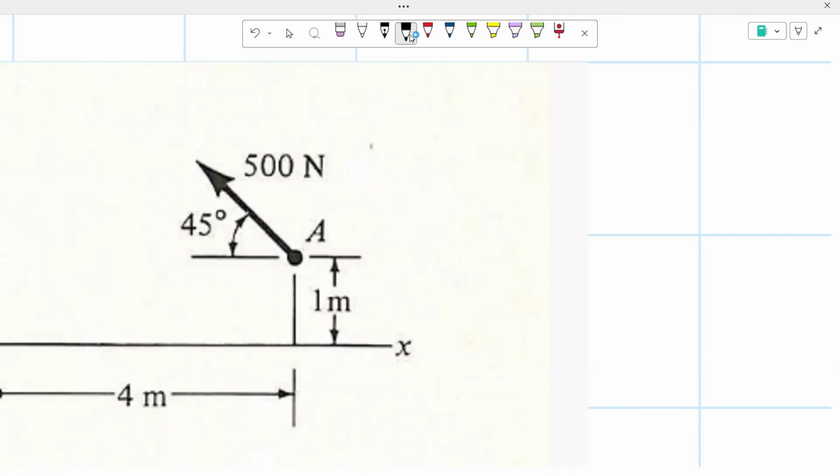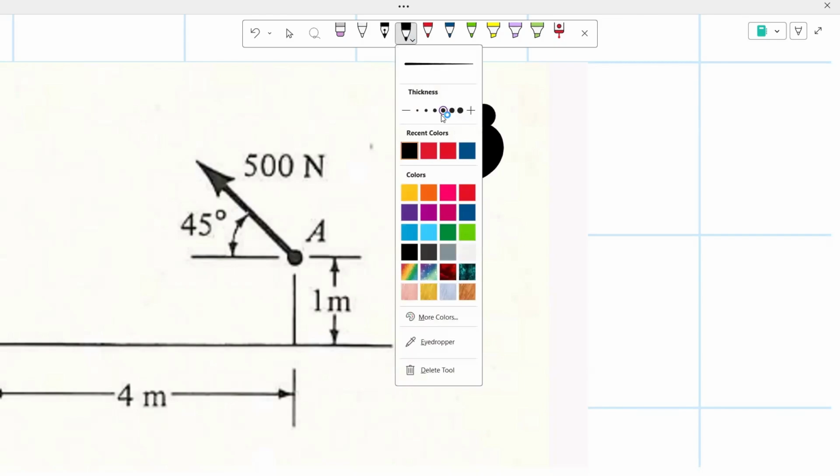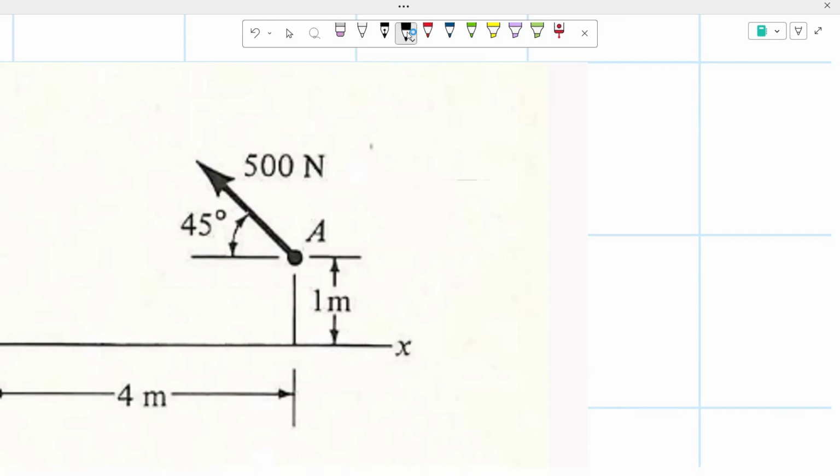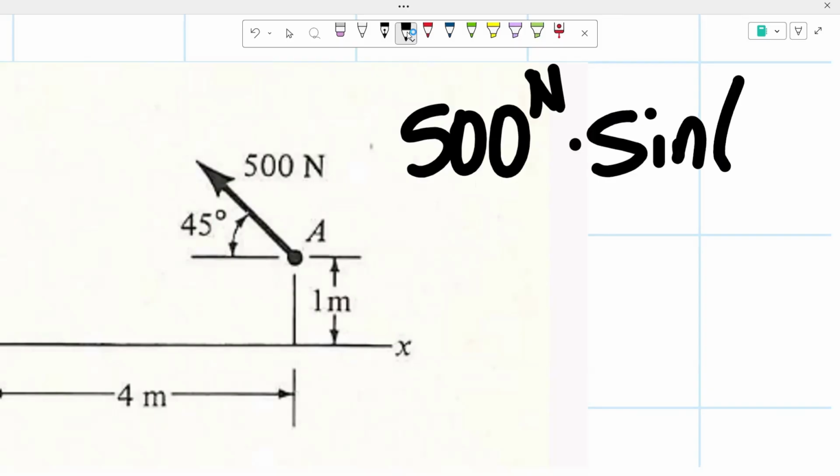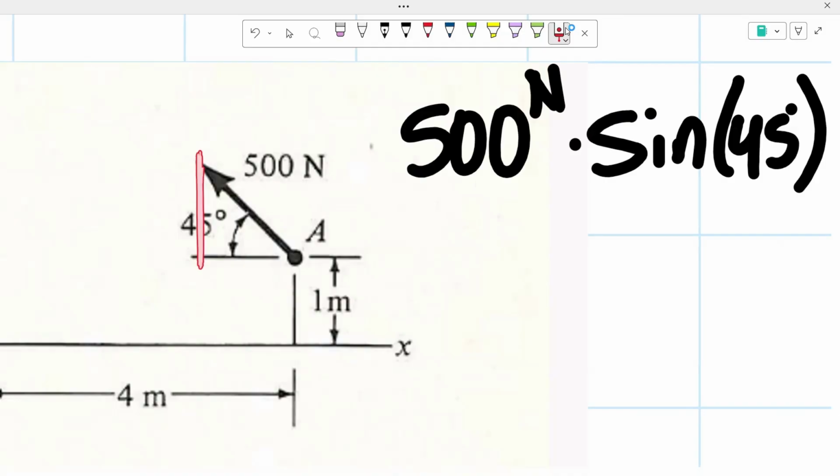So we have 500 newtons times, for the vertical component, sine of 45. Once again, why sine? Because sine is opposite over hypotenuse, and we're trying to find the opposite side of that angle, and we know the hypotenuse side.